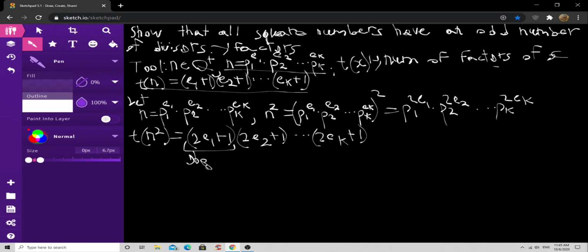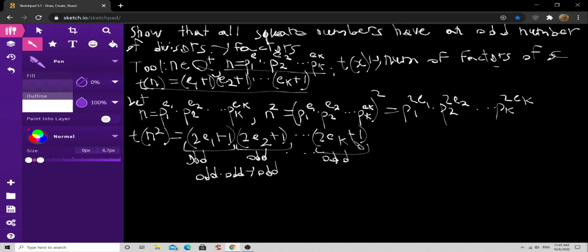So this number is odd. And so is this number. And so are all of these numbers. And notice that an odd number times an odd number is just an odd number, as we've seen in our past Putnam problem.